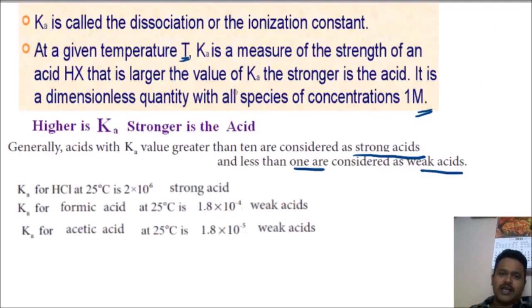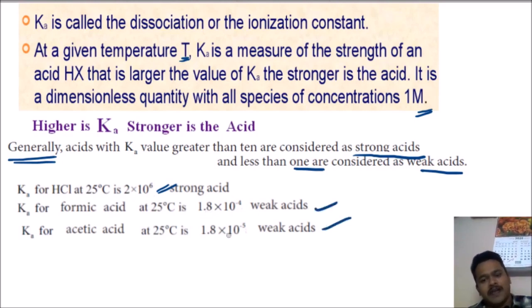Based on observing many acids, those having a Ka value more than 10 are strong. See HCl, 2 into 10 power 6, a very big value, so it is a strong acid. For formic and acetic acid, the value is less than 10, in fractions, so these are all weak acids. This is based on observation of many acids.